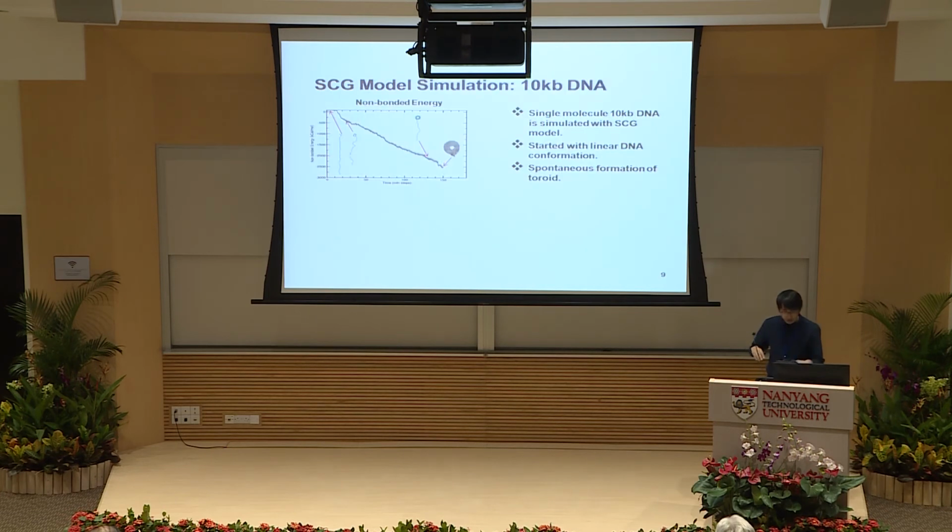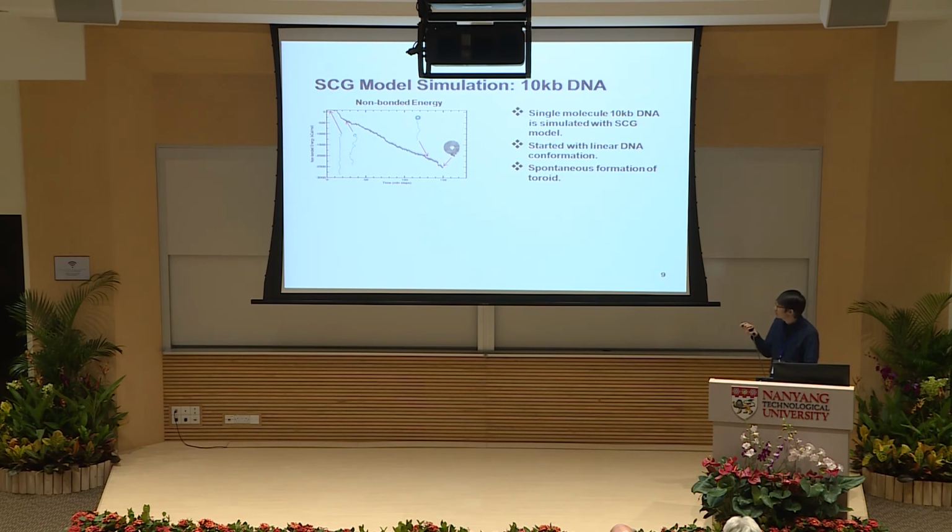The last simulation I'm going to talk about is with longer DNA, because previously we just used DNA of hundreds of base pairs. This time we want to see what happens to a longer DNA. For example, we have a 10 kb DNA here. We build a long DNA, starting from the extended linear conformation.